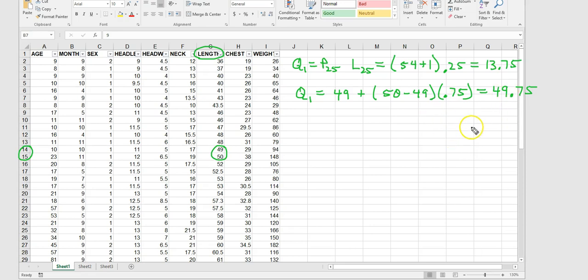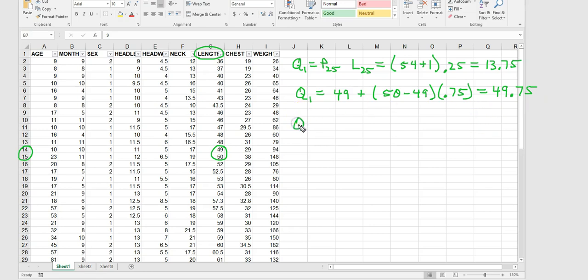That represents our 25th percentile. So about 25% of all the bears had lengths less than 49.75, and 75% of all the bears had lengths greater than that number, approximately.